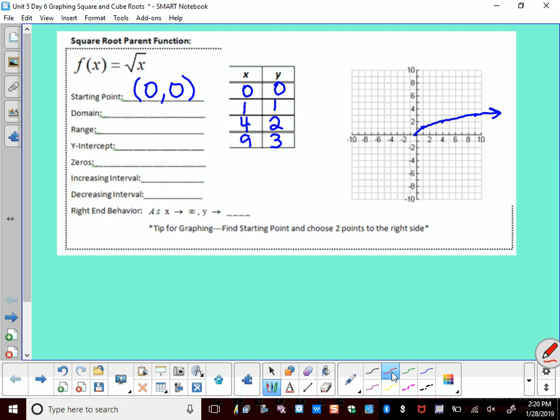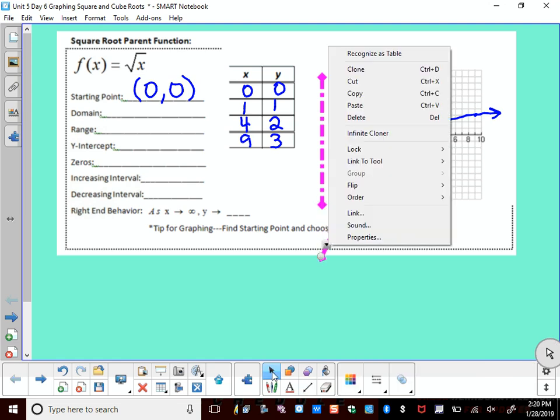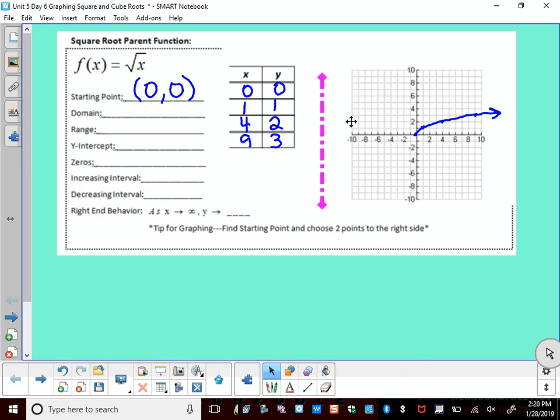Okay, so that's what it looks like on our screen. That's what we just plotted with our points that we got from our table. All right, my domain. You can't forget this stuff. All right, here's my domain.